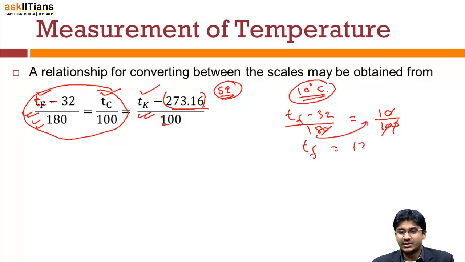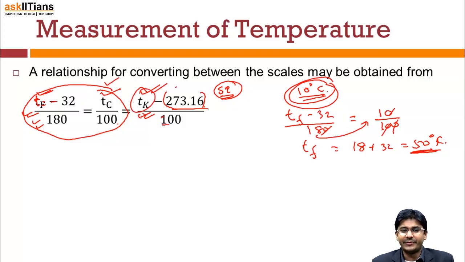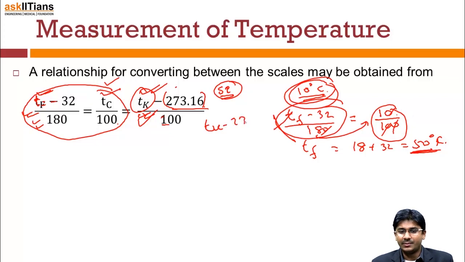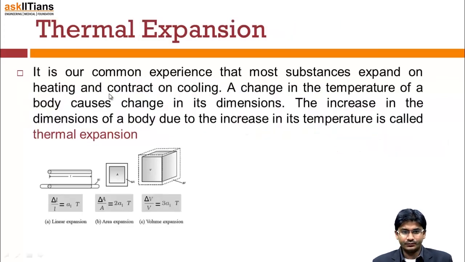When 18 goes to this side, you have 18 plus 32, that is 50 degrees Fahrenheit. So 10 degrees Celsius is equivalent to 50 degrees Fahrenheit. This is how you can convert one into another. You may find the Kelvin value from here too. For that, instead of Tf, you will use (Tk minus 273.16) by 100, and then you will get the values on the Kelvin scale.